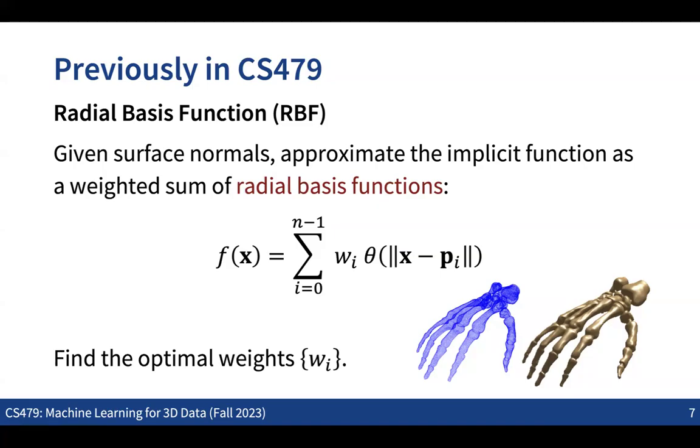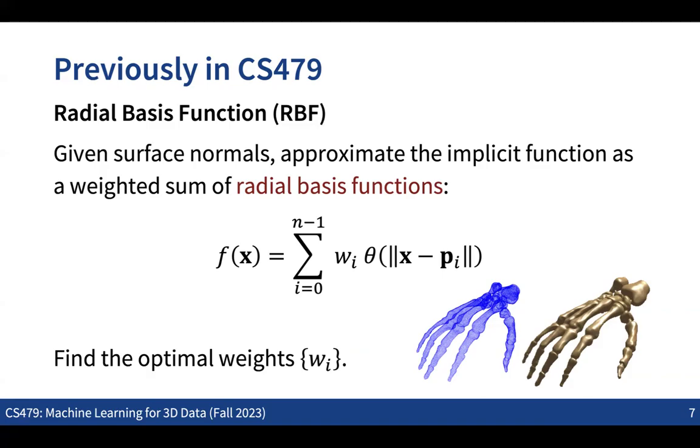This was called the radial basis function, which represents the implicit function as the weighted sum of radial basis functions, with our choice of the radial basis function. Here the question is how we can find the optimal weights for each radial kernel defined for each point.